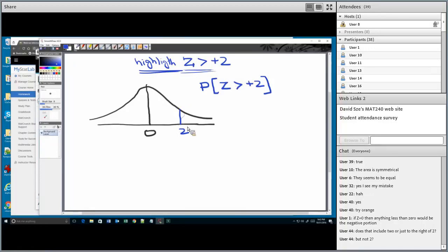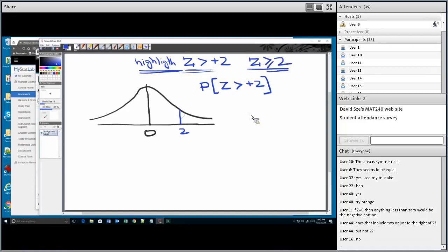Peter asked, when I say highlight z greater than 2, does that mean that I'm also saying highlight z greater than or equal to 2? In other words, do we know if greater than and greater than or equal to are the same when we talk about normal distribution?